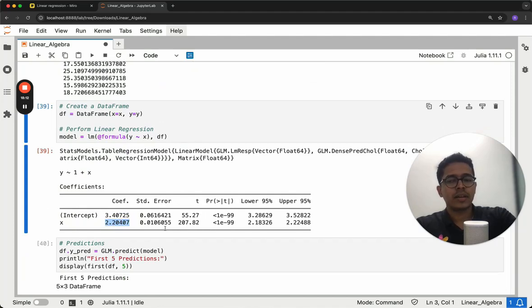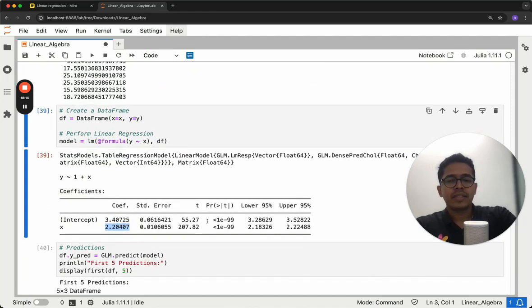So the slope is 2.2. And the confidence interval has now become much better, because now the model is fairly confident that the y-intercept will be between 3.28 and 3.52 in 95% of the cases if another set of 1000 points were to be created with a similar kind of random distribution.